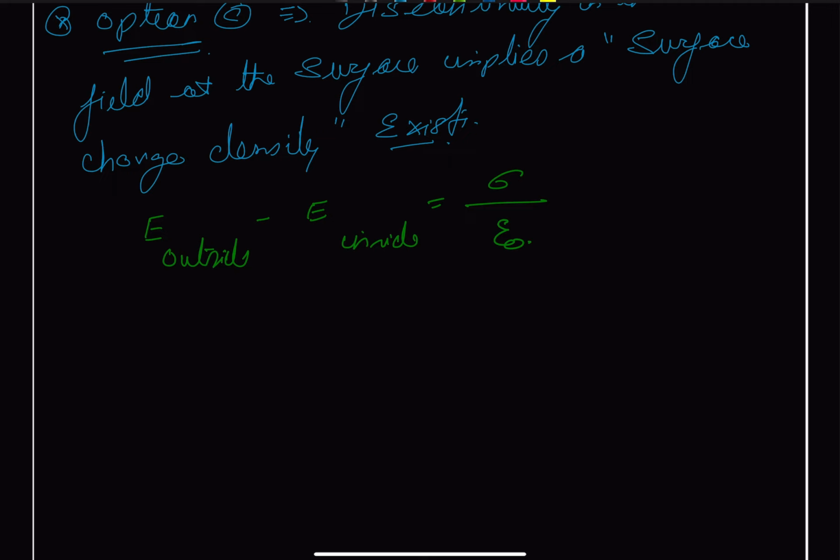Therefore, the field outside can be written as 1 upon 4 pi epsilon naught q upon r naught square, at any distance r. Which basically means that the field is discontinuous.